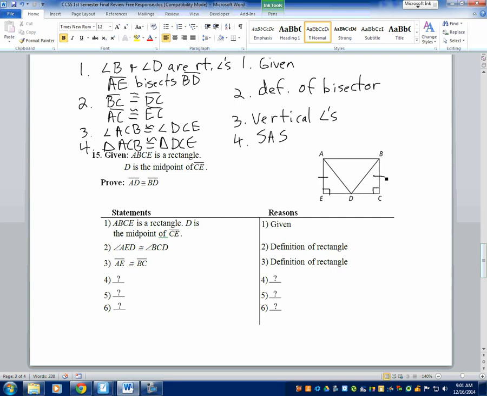So number four. We haven't used the part of the given where it says D is the midpoint, right? So we have not used this part right here. It says D is the midpoint. So what's congruent based on D being the midpoint here?